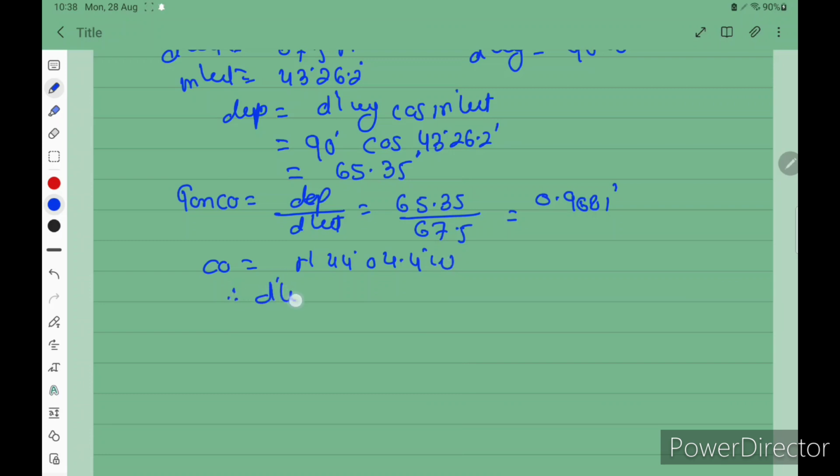Therefore D lat is equal to distance cos course. Therefore D lat divided by cos course is equal to distance.